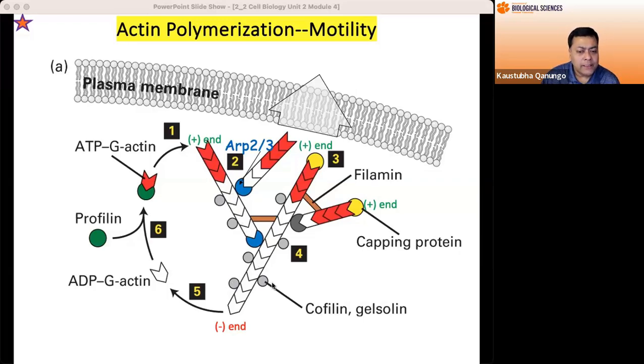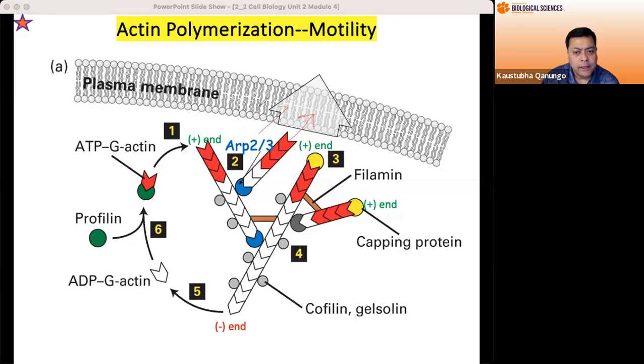And at this end, you can see that cofilin and gelsolin coat those ADP actins. So from this end, it's going to the minus end. Remember that the ADP G-actins are going to get recycled. So if the cell is going in this direction, you will have addition on this end.